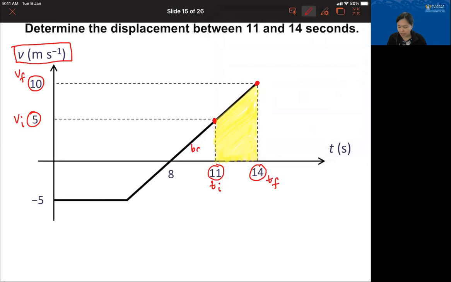Base 1 and base 2 are the two parallel sides. So it's a trapezoid, because you have two parallel sides and two sides that are not parallel.